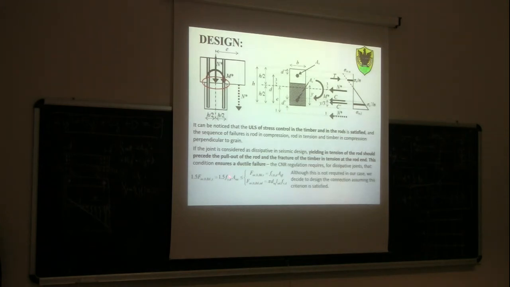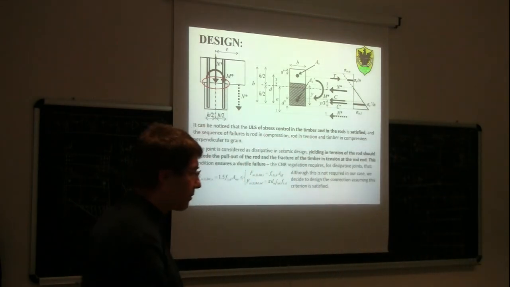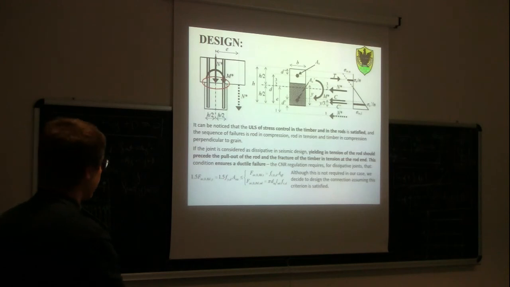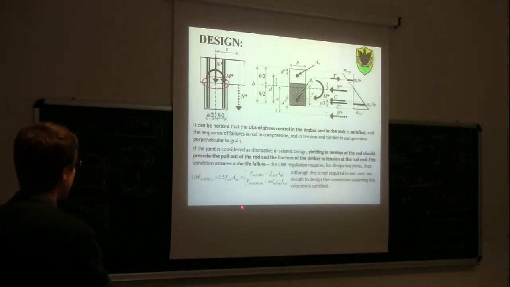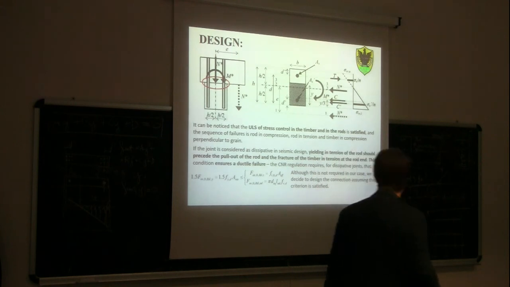So in our case, we don't need to satisfy this condition for two reasons. First, in our case this is not the right failure mechanism, because the first failure mechanism to occur is compression, not tension. And second, because this is not a dissipative joint in a seismic region.